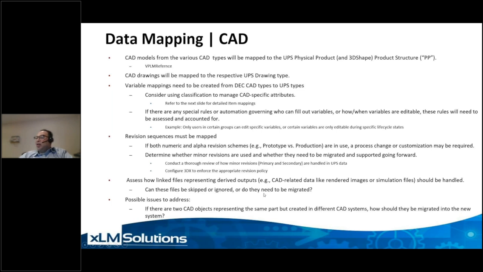Can you ignore them, skip them, etc.? How your viewables or derived file formats are managed will affect how to map that data over.